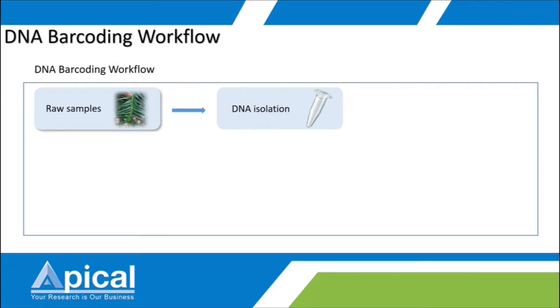After determining the gDNA, you will need to perform PCR amplification to amplify and fish out the conserved gene of the specific organism by using the specific barcoding primer. Usually we call it a universal primer.